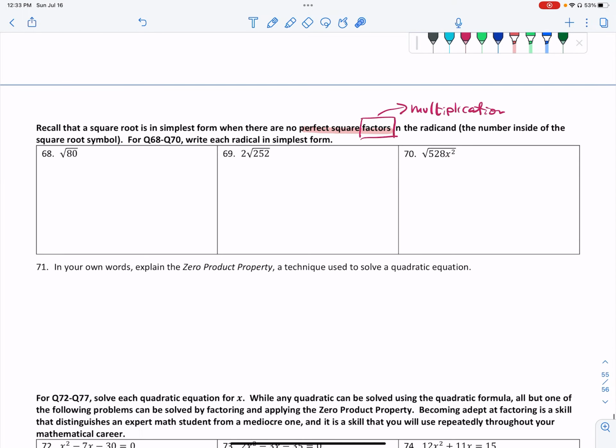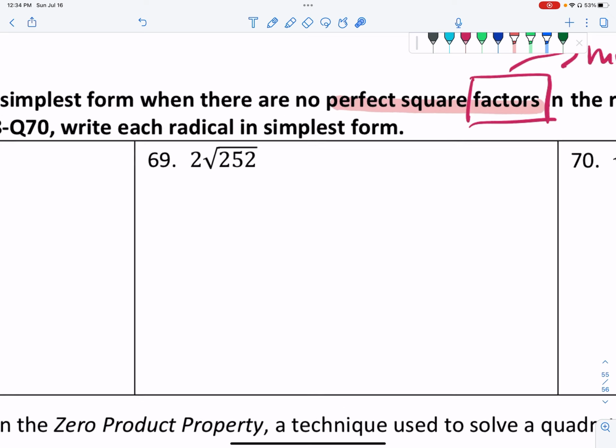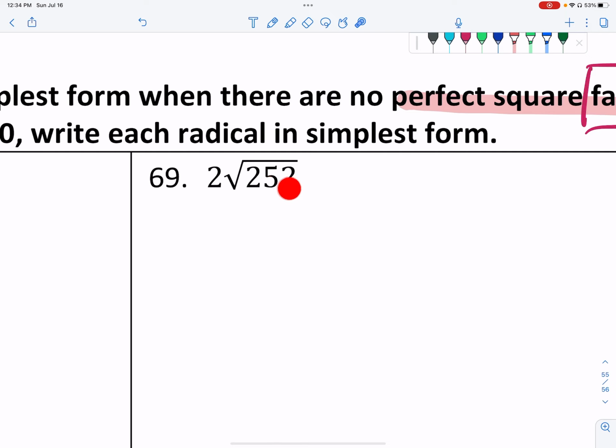Now, on a question like number 69, you can see that we have a much, much larger number inside of the square root, which means that the best method to use here is something like a factor tree. And when you're doing this factor tree, I look at this number, I can see that it's an even number.